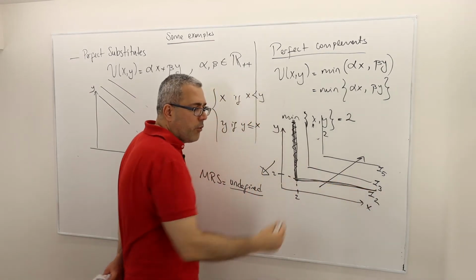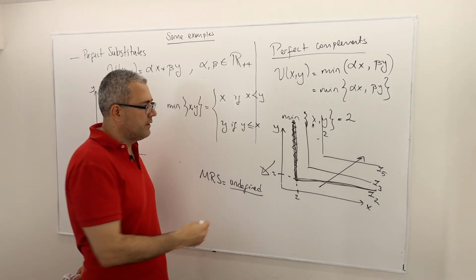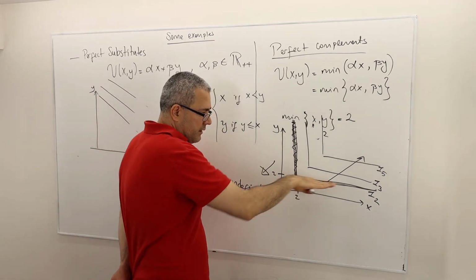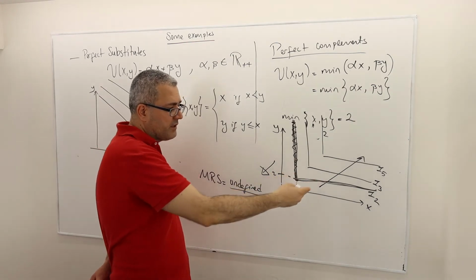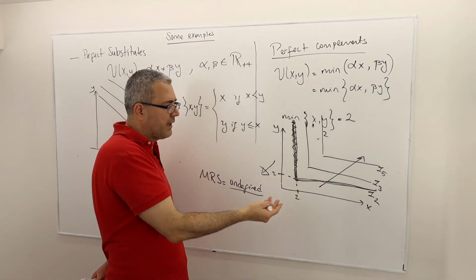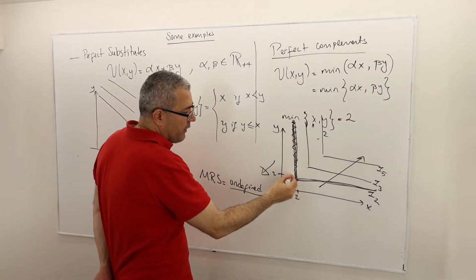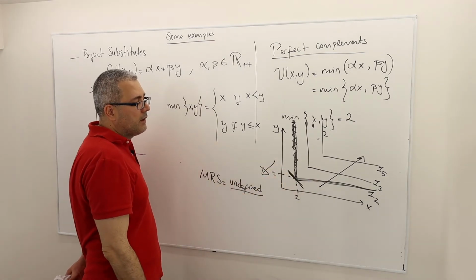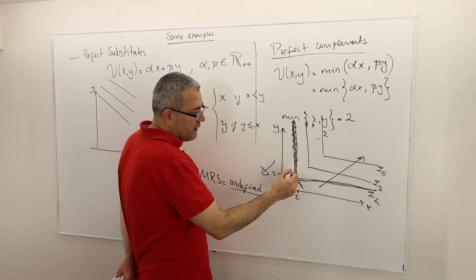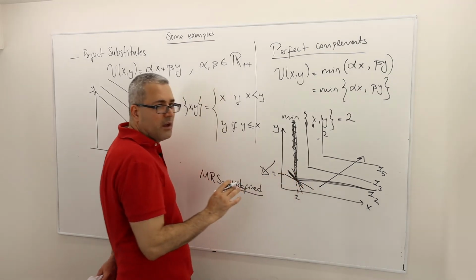Here, at any point, the marginal rate of substitution is 0, because the tangential line is just tangent to the x-axis, so its slope is 0. And at this point, because this function is not differentiable, the tangential line slope is undefined, because this is a tangent line, this is a tangent line, this is a tangent line.